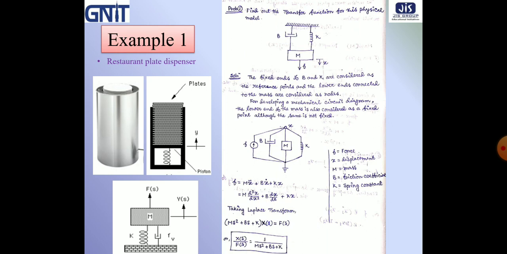So this is basically a spring mass damper system. In our problem 1 here, we have to find the transfer function for this spring mass damper system with a force F and displacement x.